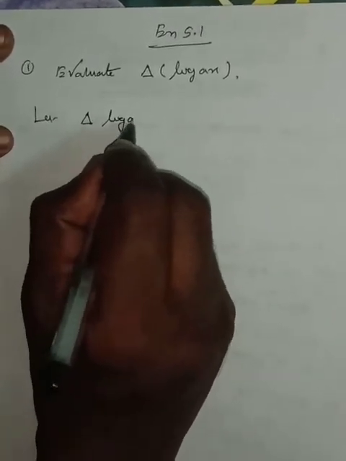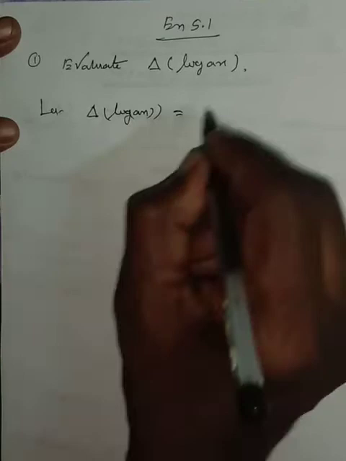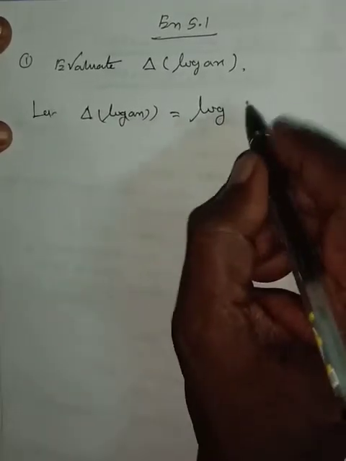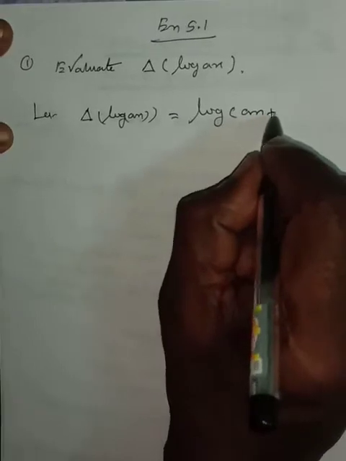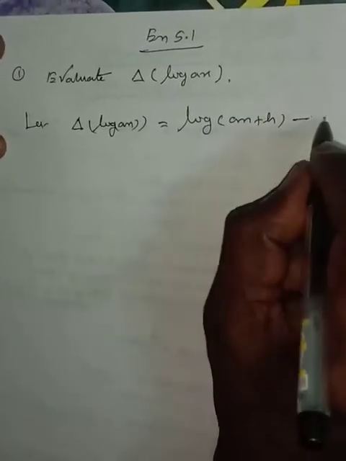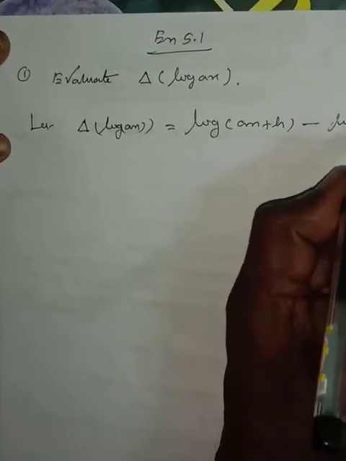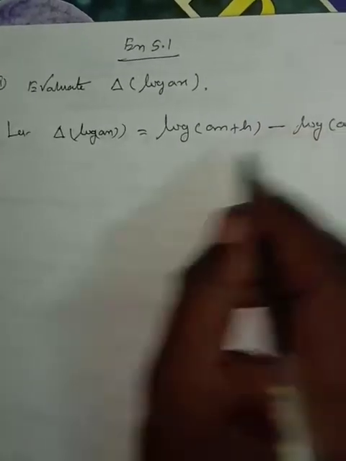Example 5.1, some numbers. Delta of log of ax is equal to, first let delta of log of ax is equal to log of ax plus h minus log of ax by the delta property.